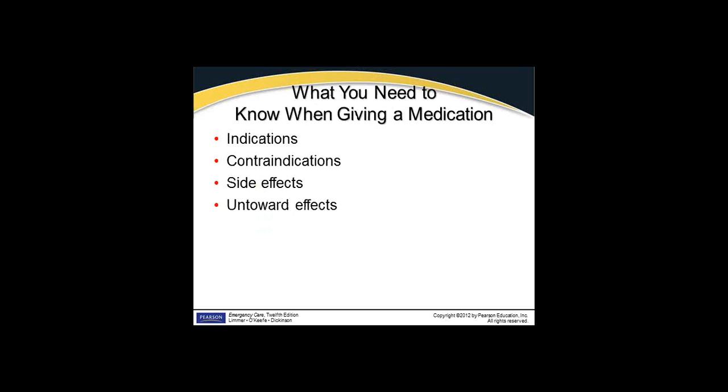So what do you need to know before you give or assist in giving a medication? You need to know its indications, its contraindications, its side effects, and its untoward effects. The indications of a medication is, when should we give this medication? When is it appropriate for that patient to have that medication? So specific signs or symptoms.